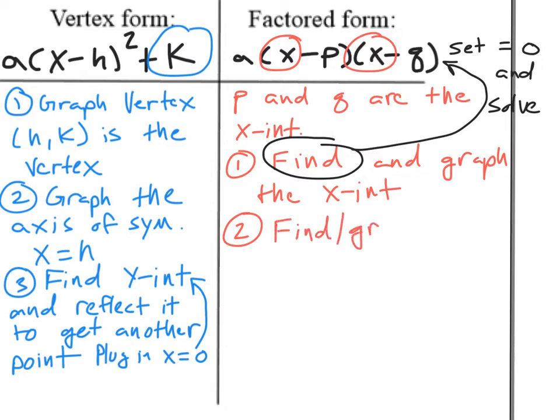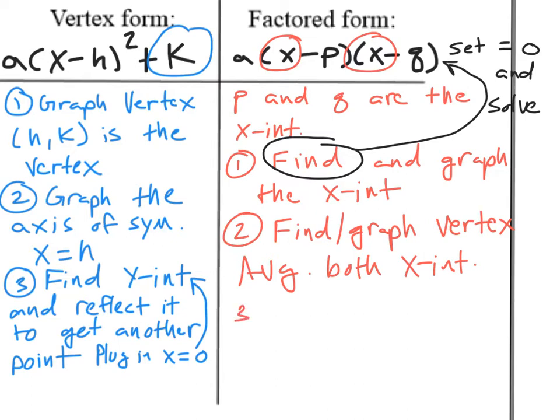All right, number 2, we'll find and graph the vertex. We'll go about it a little bit differently. Once you have both x-intercepts, just take the average. Then whatever that number is, plug that in to get the y value.